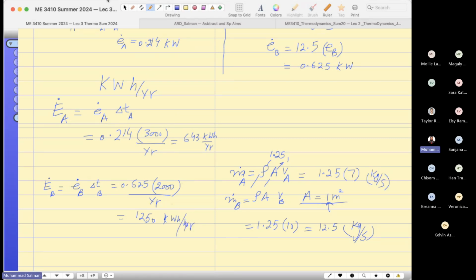So can you type in the chat box which site would you install the wind turbine, A or B? If you compare the two answers, which side are you going to install the wind turbines?